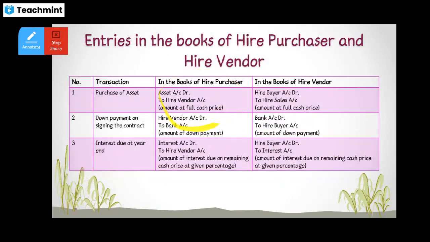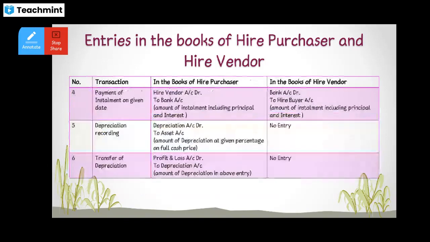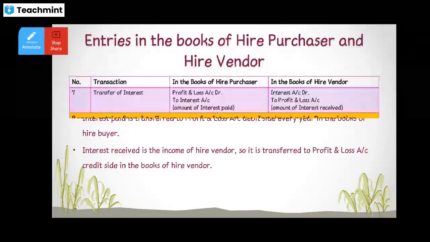So these 2 entries will not be repeated, but every year the interest due entry, then the installment payment entry, then depreciation record entry, depreciation transfer entry, and transfer of interest entry will be repeated in the books of hire purchaser.